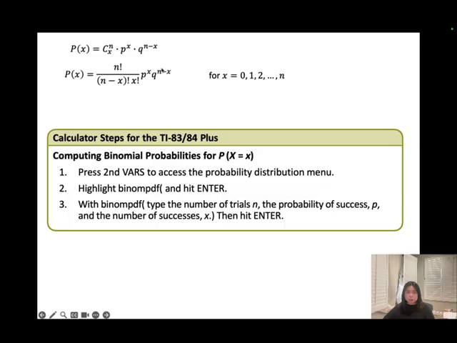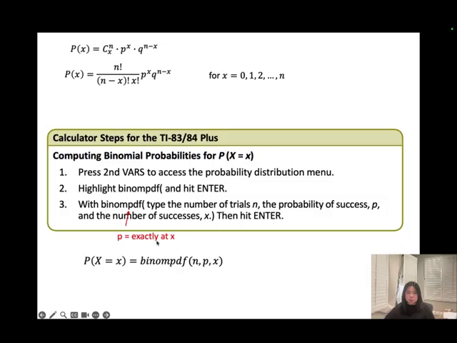I just show you the formula, but I would recommend you try to use the TI-84 calculator. If you want to find a specific probability, just like our example, the probability that 3 of you win the free burgers, then we are looking for P(x = 3). Then you'll be using the binompdf.